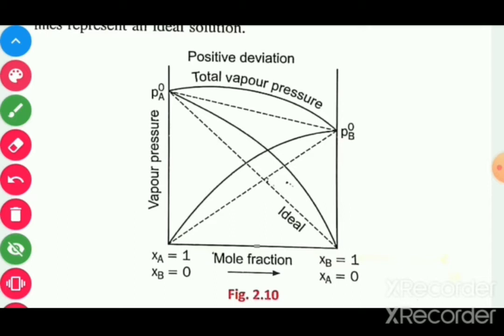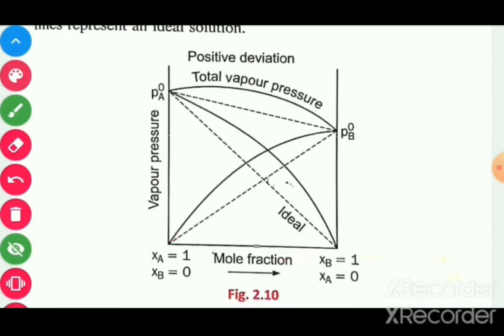On the left side of the x-axis, when the mole fraction of component A is equal to 1, the mole fraction of component B is equal to 0, because the mole fraction of A plus the mole fraction of B is equal to 1. So when we move forward, to the right side, a time comes when the mole fraction of component A becomes 0, and at that time the mole fraction of component B becomes 1.